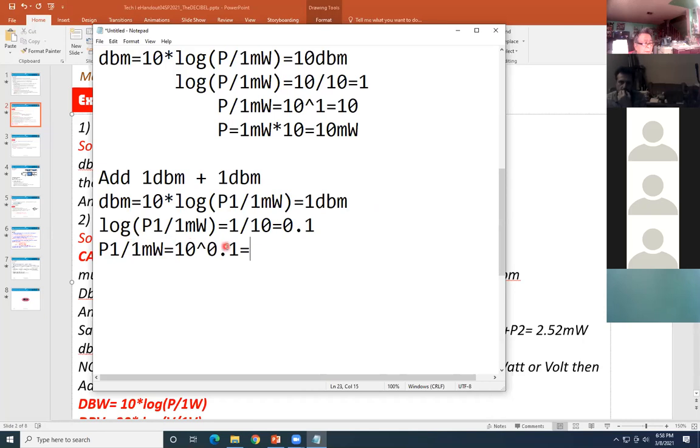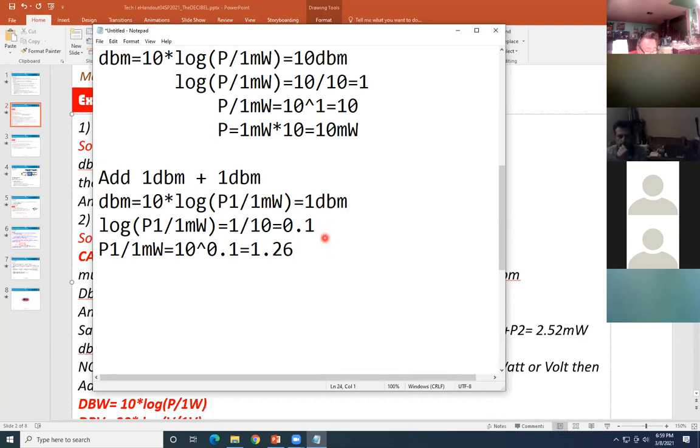You take the log in here, you get 1 divided by 10, that's 0.1. So what do you get? 10 raised to the 0.1 power is equal to 1.26. Okay, 1.26, right? Correct.